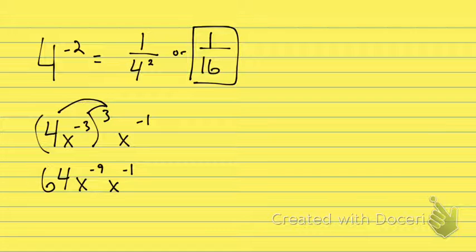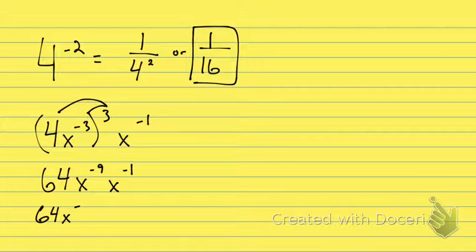Now, when I have the product property here, what can I do with my x to the negative 9, x to the negative 1? How do I combine those? I have negative 9 factors of x and negative 1 factors of x. That's a total of how many factors? Negative 10.